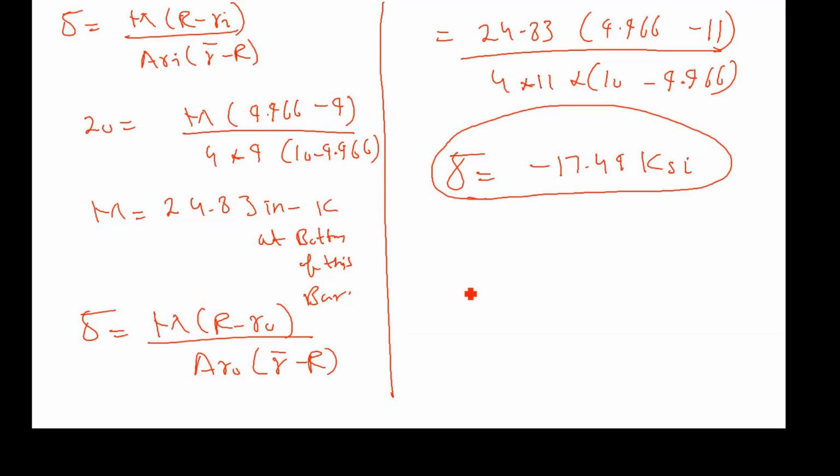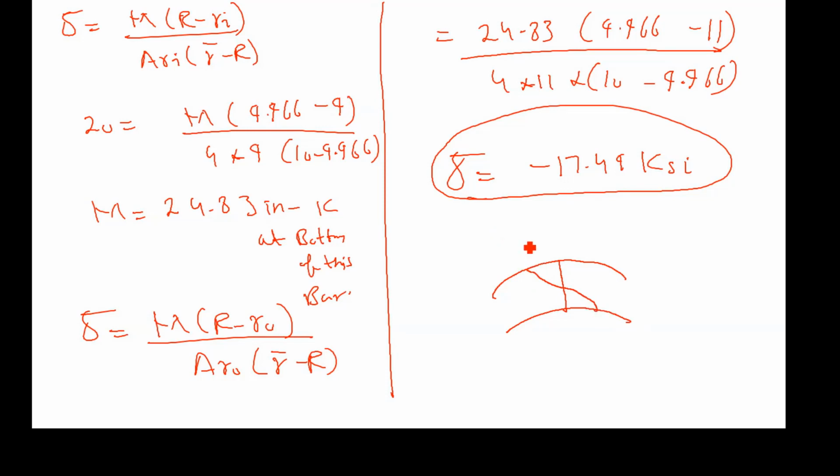Now as we have said, this particular shape is that of a hyperbola for this curvature of the beam. So when we draw this stress distribution, it will appear like this.